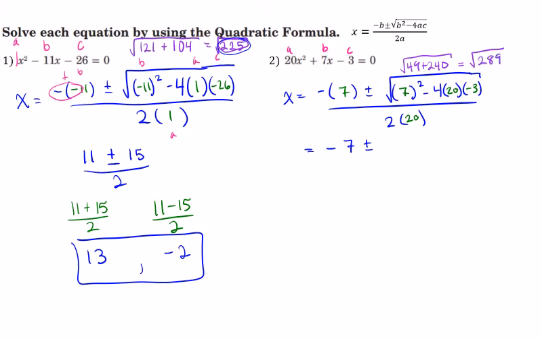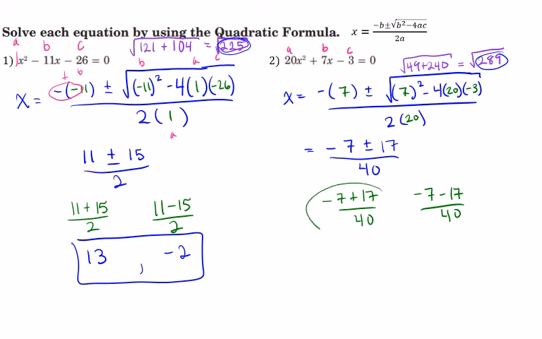And if we take the square root of that, we get 17. So another positive and perfect square, right? So 2 times 20 is 40. And then we're going to break this up into 2 with the plus or minus there. So it's going to be -7 plus 17 divided by 40, or -7 minus 17 over 40.